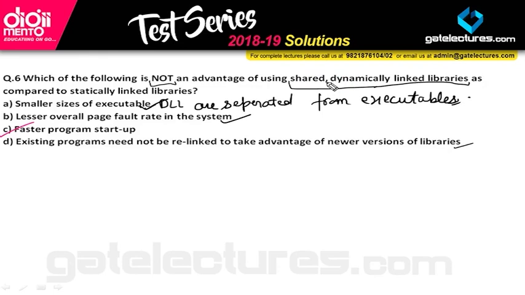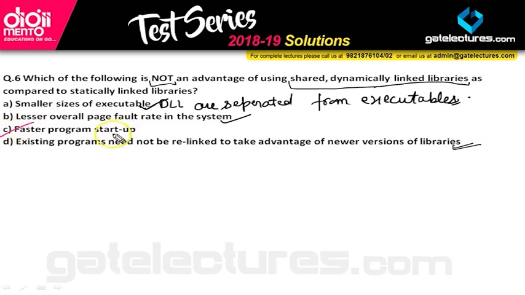What we do during the runtime, they are combined, and at that time we need these libraries, so we don't need to have all the resources combined during compilation. Even if we use a newer version at runtime itself, they will combine automatically. So this is also an advantage of dynamically linked libraries.